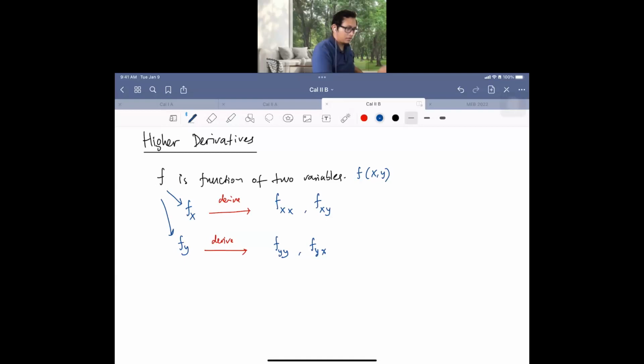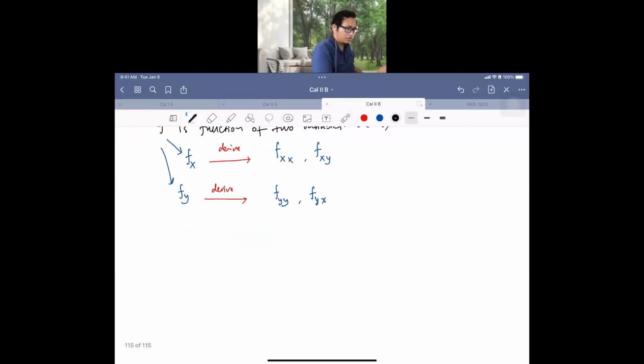Okay, now to make our definition of the partial x, let me write it with brackets to note that we found the partial x, and then we differentiate one more time with respect to x. Okay, that's what it means.